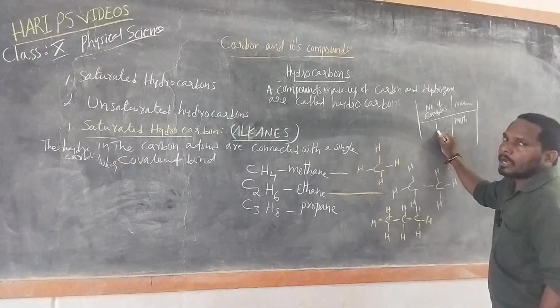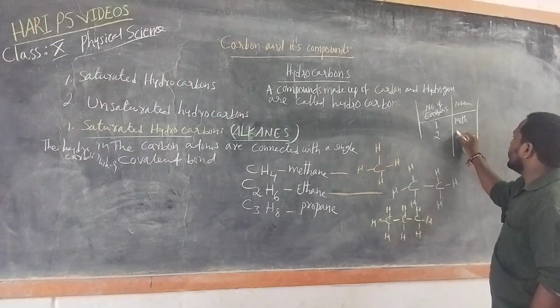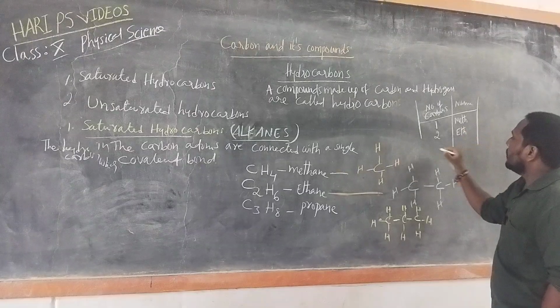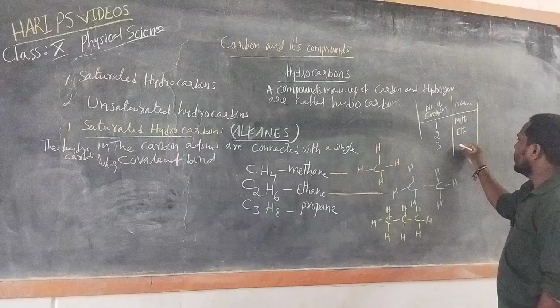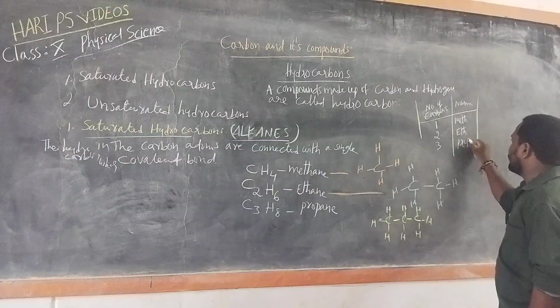If a hydrocarbon has two, we call it eth. If the number of carbons is 3, we call it pro.